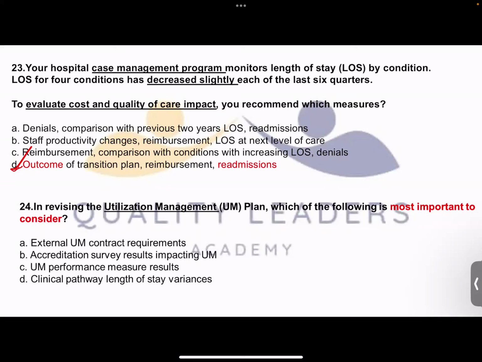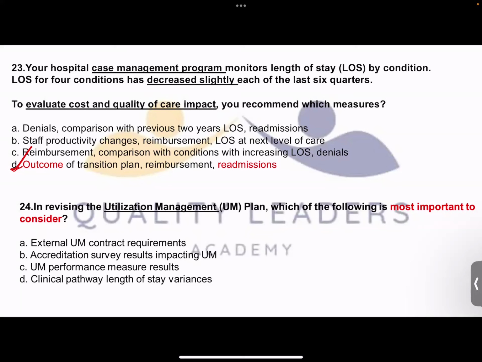Performance measure results provide objective data on how well the utilization management program is meeting its goals, such as reducing unnecessary care, improving efficiency, and maintaining quality. For letter A, external requirements serve as guidelines, so the plan itself should be revised based on internal performance and outcomes, not only the external requirements.